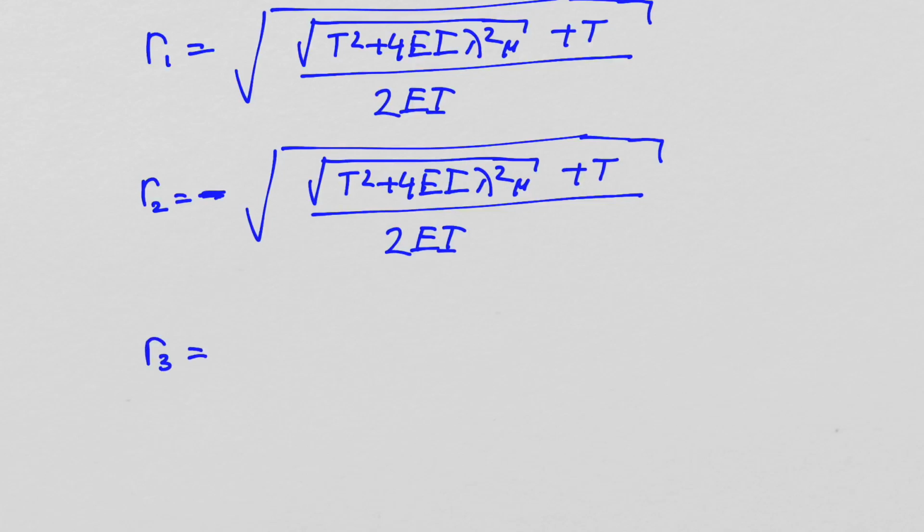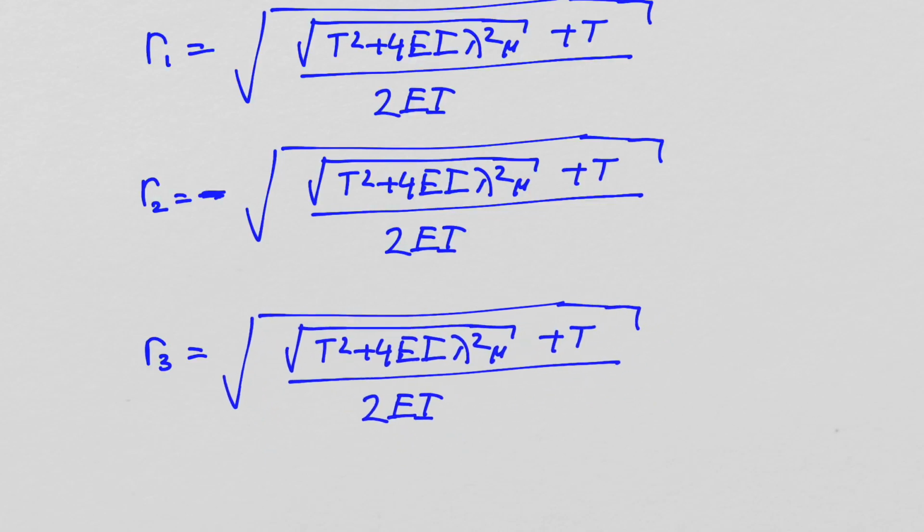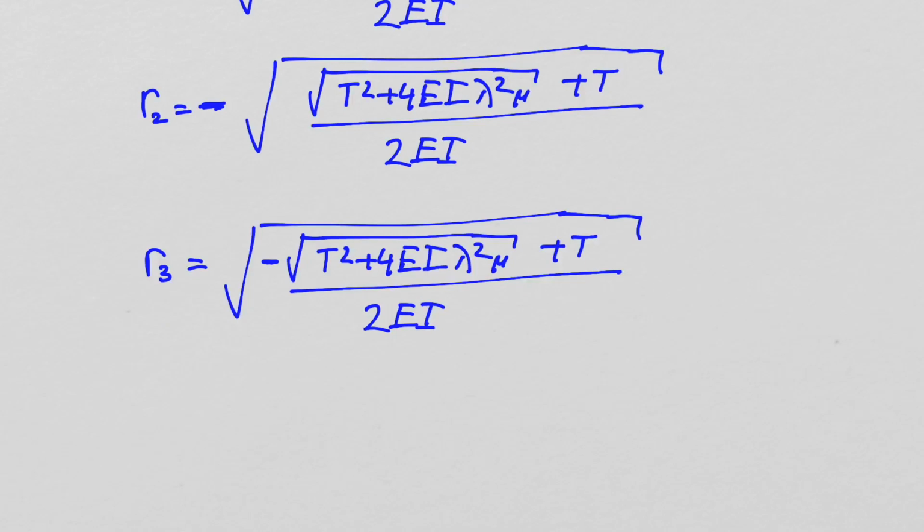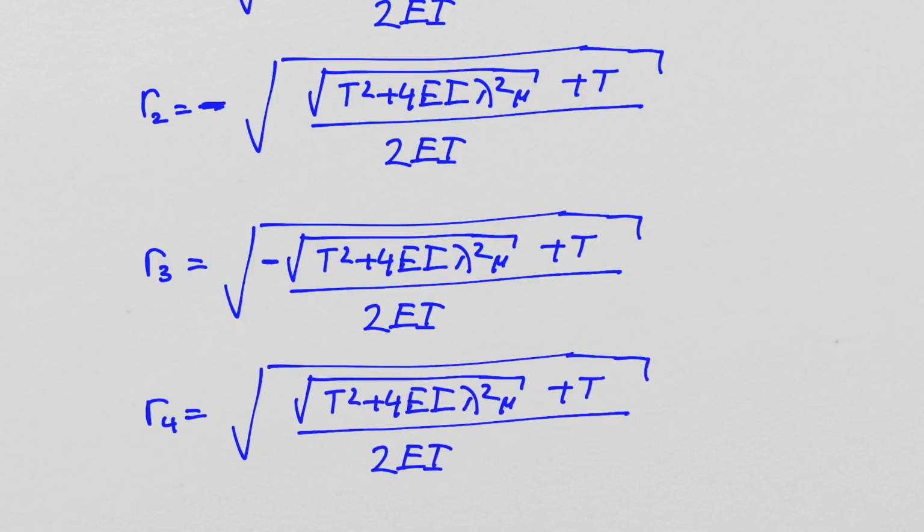R3 is going to equal this guy, but inside here we've taken the negative, right? And R4 is going to be the negative version of that, right? So it's going to be this guy here. We take the negative root, but then we take the second negative root. So that's all four roots.